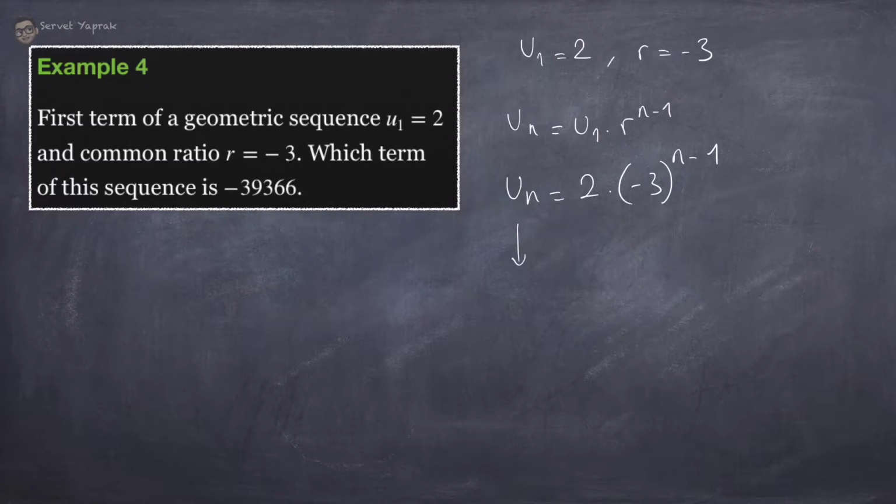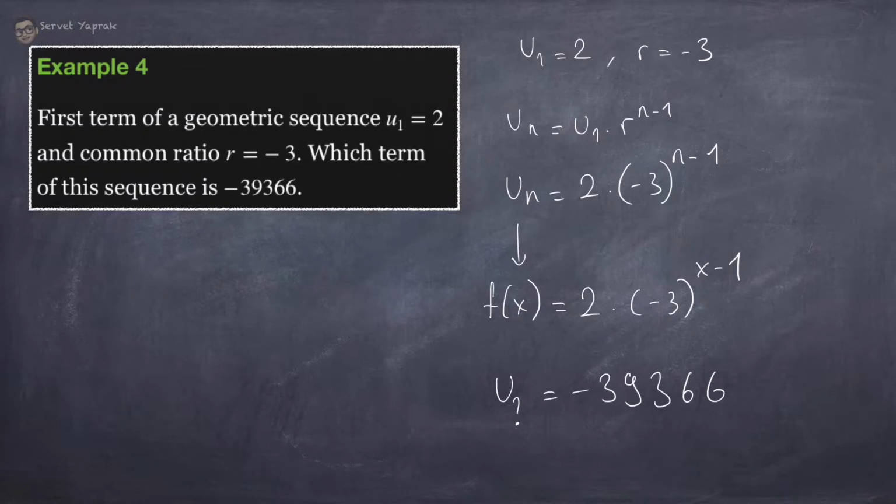So instead of writing un, I will say this is a function f of x equals 2 times negative 3 to the power of x minus 1. I will change the variable n to x because that's what the calculator uses as a variable by default. And next we will use the calculator to figure out which term is negative 39,366.